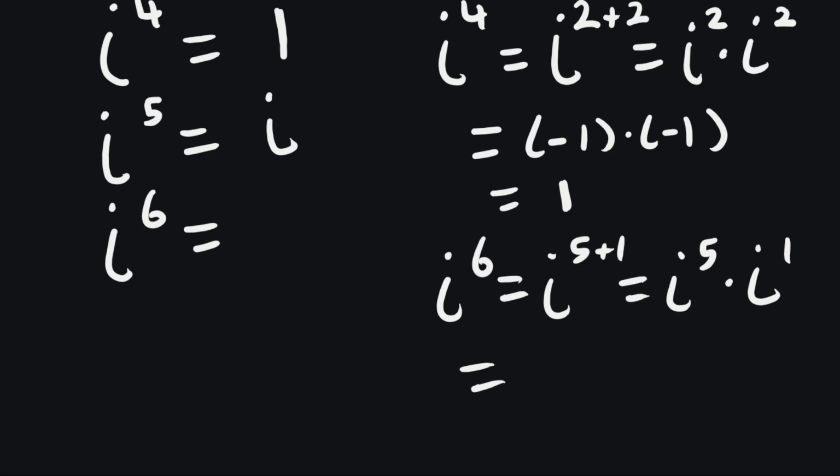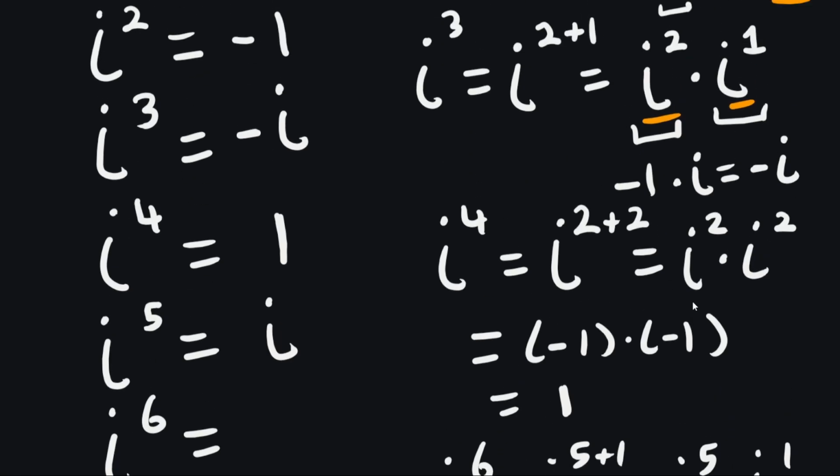And what did we say i to the 5th was? i to the 5th, we said was i. So we will go ahead and substitute that. i to the 5th is i. And what's i to the 1? i to the 1 is also i. And what's i times i? i times i is i squared.